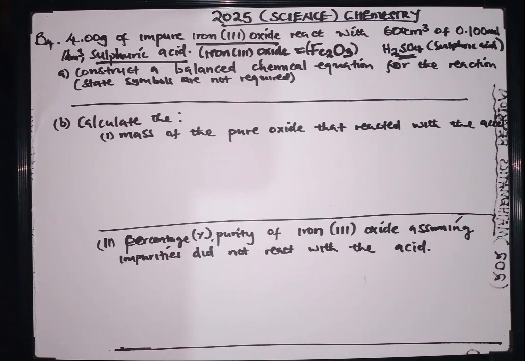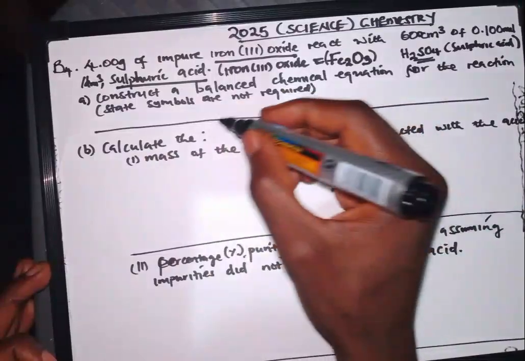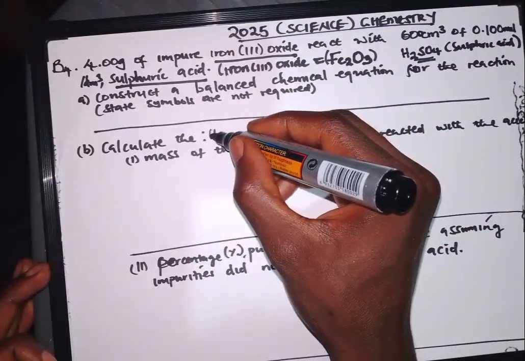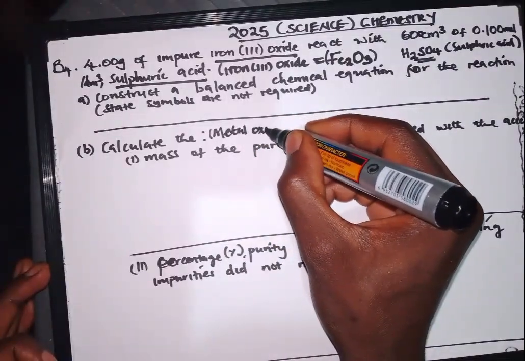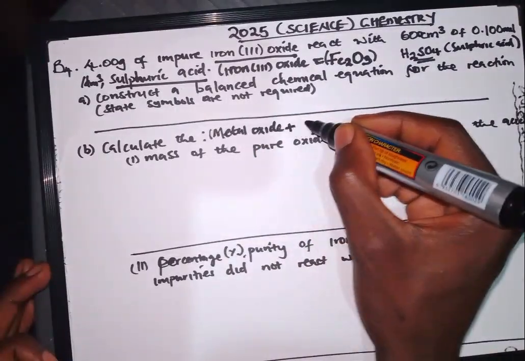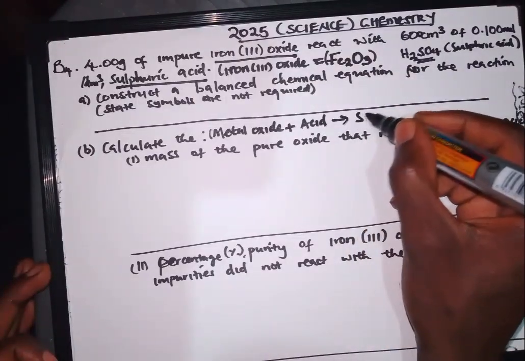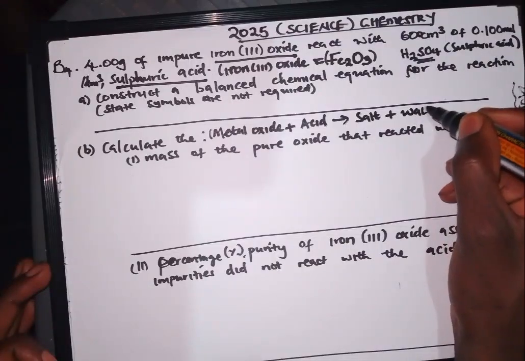The principle we follow is that when you add a metal oxide plus an acid, you get a salt plus water.